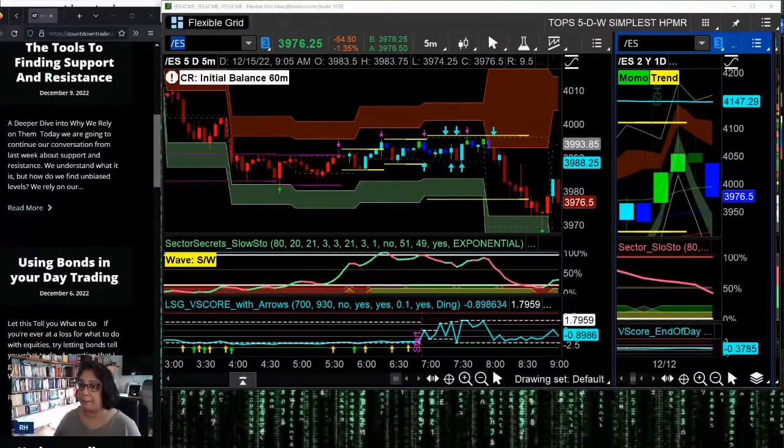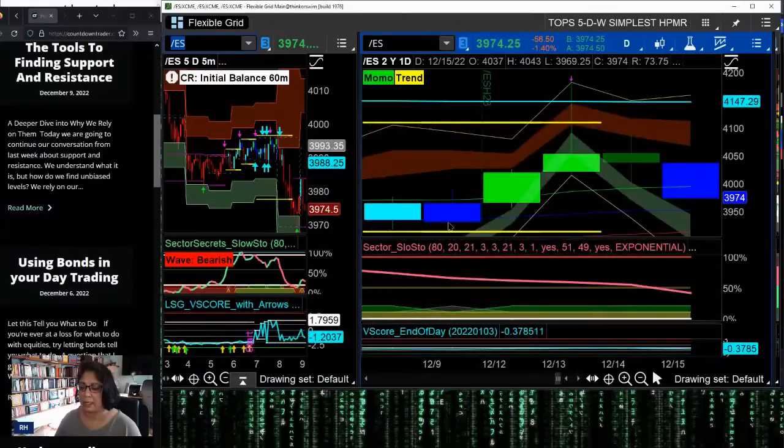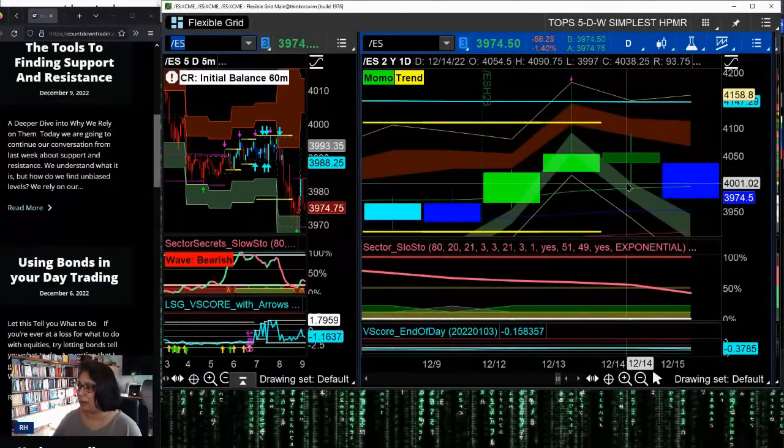All right, next up, coming from our free trading room, Popeye asks, can my HPMR levels be used to show supply and demand if used on, say, a weekly or monthly time frame? So I've been getting questions about supply and demand. I don't look at the market in that regard. I look at the market in terms of support and resistance, buyers or sellers.